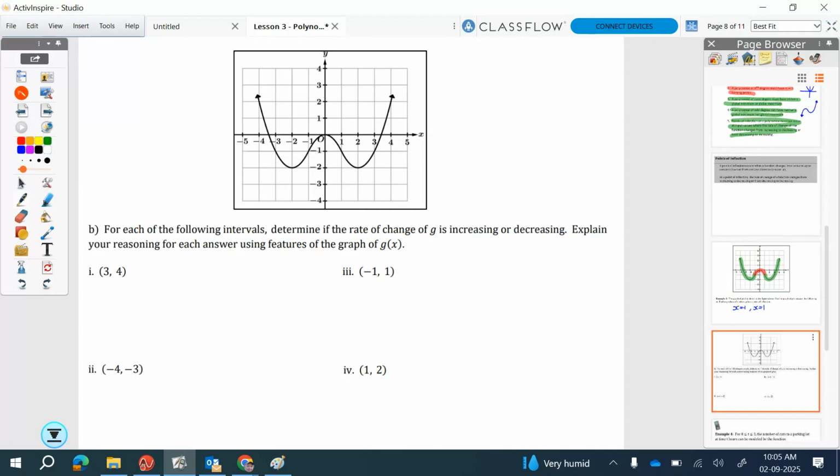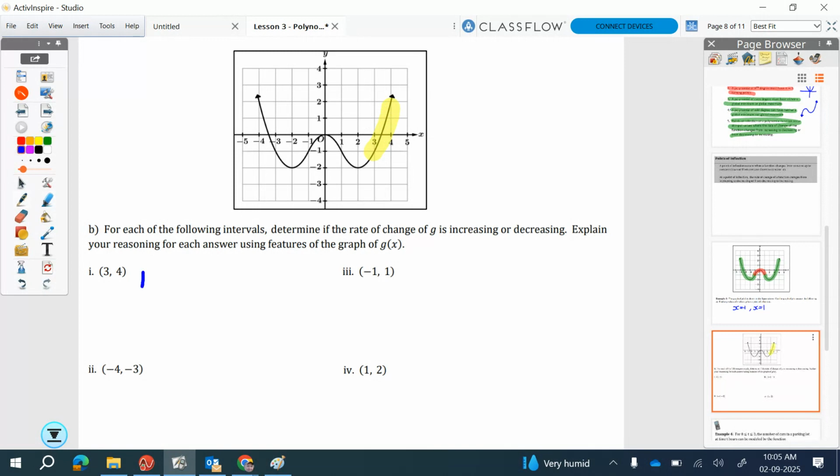For each of the following intervals, determine if the rate of change is increasing or decreasing. Explain the reasoning for your choice. So from 3 to 4, where are we at? We are here, from 3 to 4. Is the rate of change increasing or decreasing? Increasing. Why? Because it's concave up. Perfect.